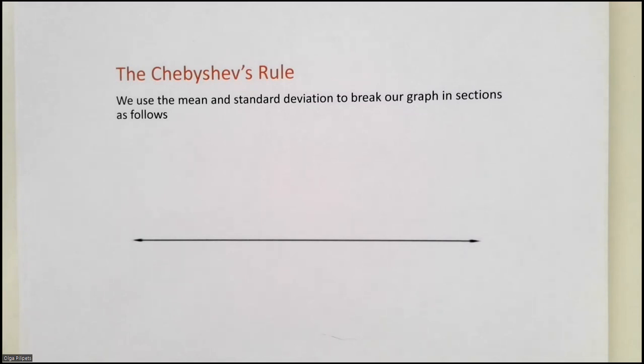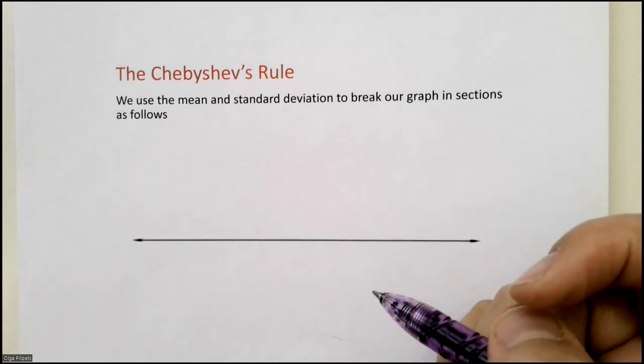Basically, those measurements help us to reconstruct the shape of the distribution somewhat. We're going to use the center of the data, and we're going to use the standard deviation as a measuring stick to break our distribution into portions.